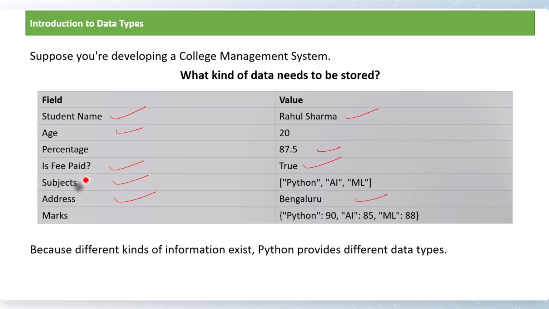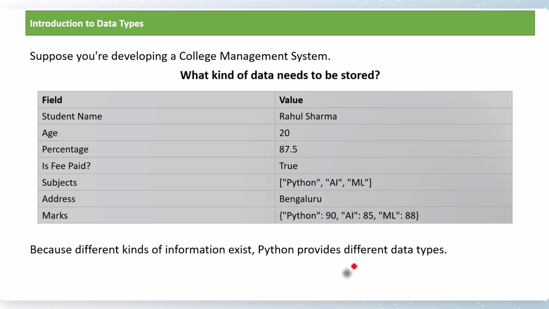Marks of different subjects. For example, I want to store the data like Python, first subject marks, second subject marks, and third subject marks, etc. Now, because different kinds of information exist here, Python provides different data types.